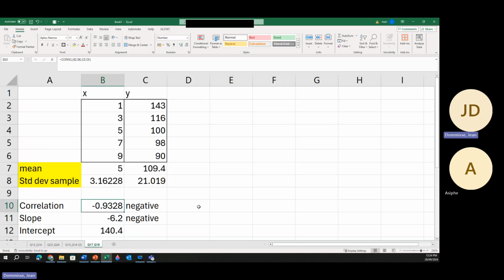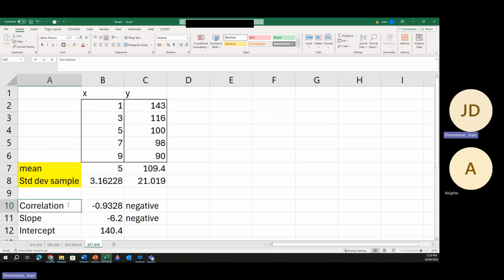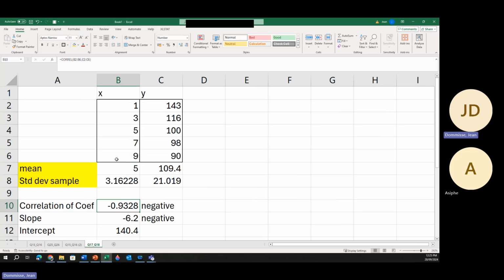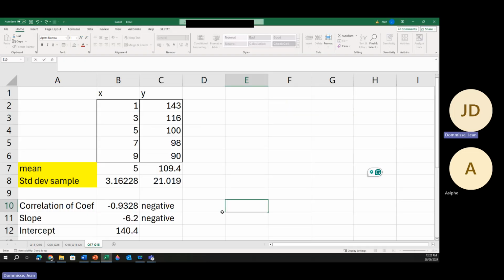So let's quickly show that the correlation coefficient is your R. If you needed to get the coefficient of determination, remember that is your R square.